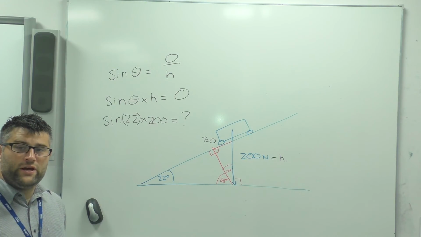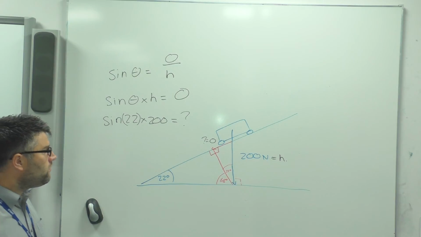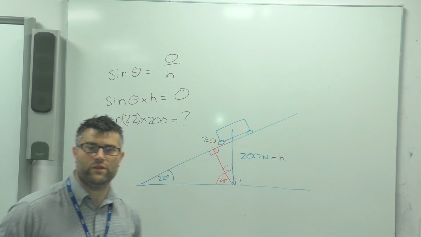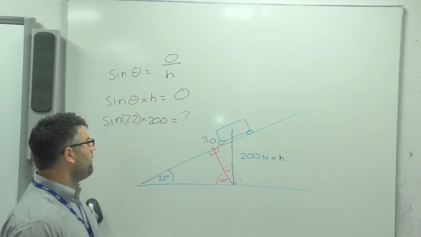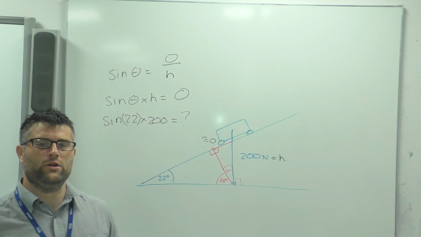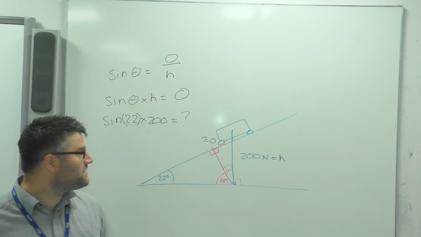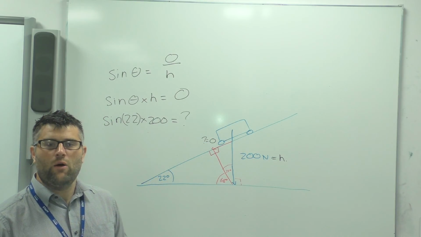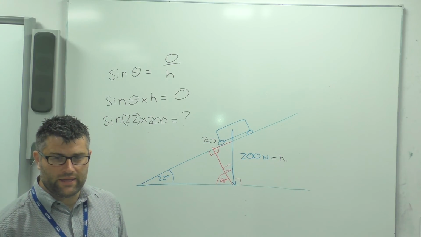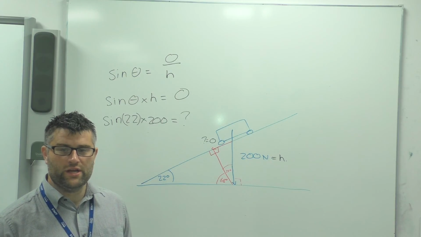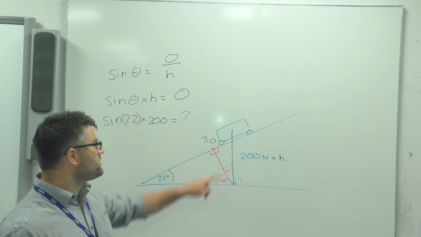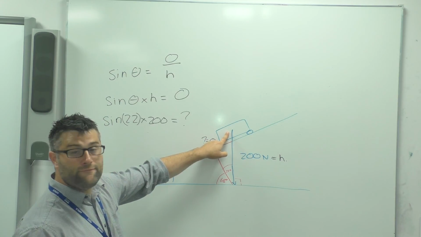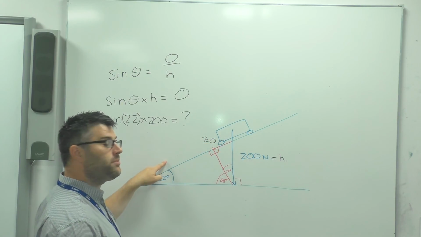So that's the first question. Now, what I want you to do for the lesson is work out what this value comes out as, and that is the force down the ramp. What I also want you to work out is the acceleration down the ramp. So we've worked out what the force is down the ramp.